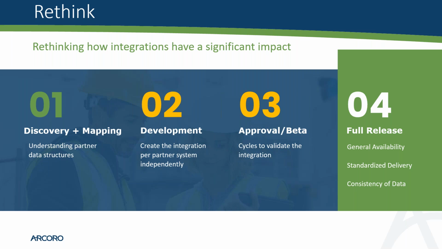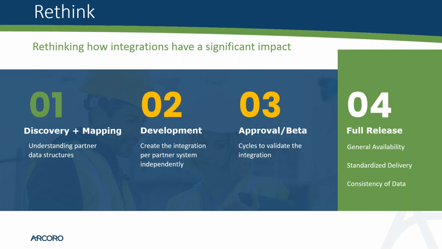What you have to understand with integrations is, yes, my piece of software has, let's just say, a termination date. And the other partner software also has a termination date. But how each of those pieces of software individually process the termination date could be different, right? So in the Core HR module for Arcoro, there are different workflows that can be kicked off when a termination date is set. If we pass it over to a vendor or partner software, how do they handle that?